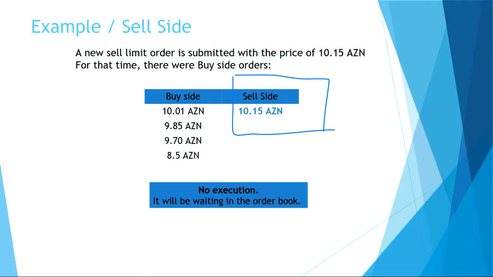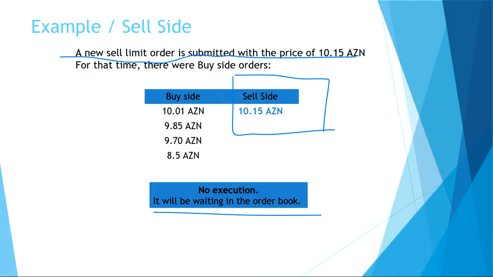A new sell limit order is submitted with the 10.15 price. It's a limit order, right? So at submission, the price level and the quantity are both given. We are ready to sell at 10.15, but not lower than it, right? Then, of course, there will be no execution, because the buying price is lower than our price, and we don't want to sell at a low price.